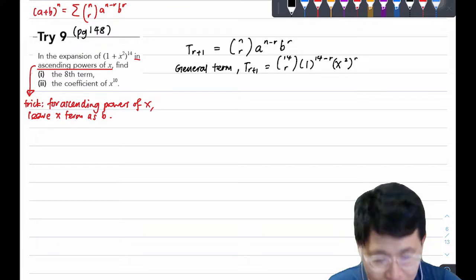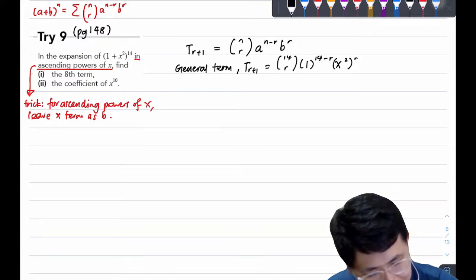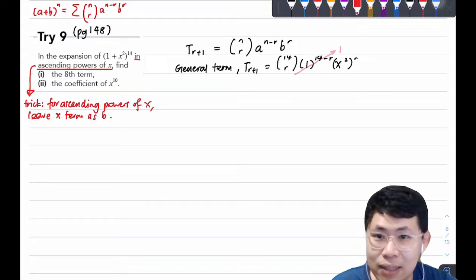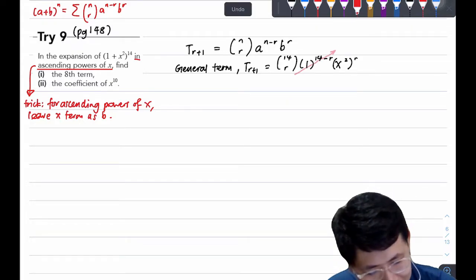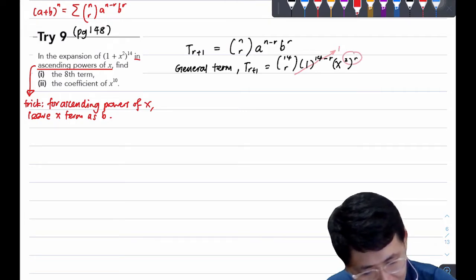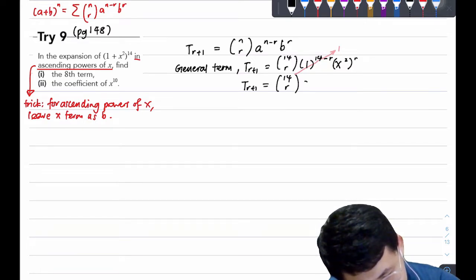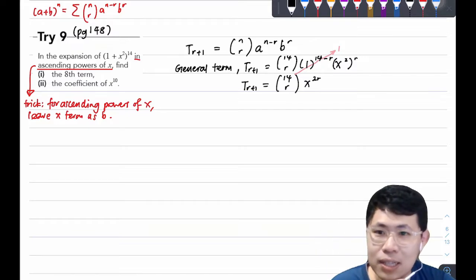Let me simplify a bit. This part is going to be 1, because 1 to any power is 1. Then for this one I can make use of laws of indices to make it easier. So the general term T(r+1) is equal to 14 choose r times x to the power of 2r. Just nice.